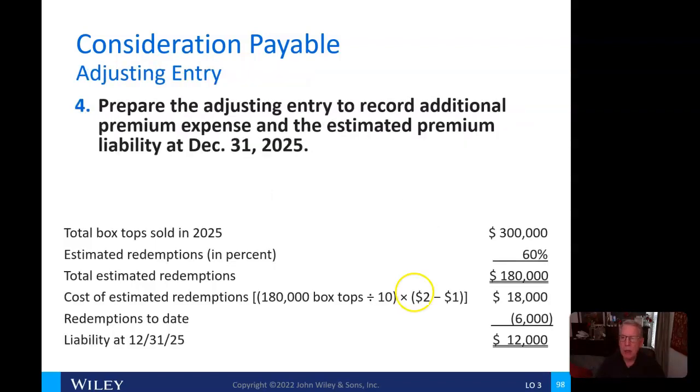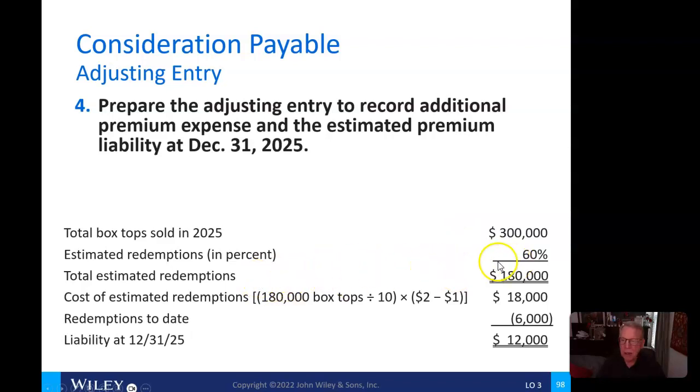Okay. And number 4, here we're going to prepare the adjusting entry to record additional premium expense and the estimated premium liabilities. So the total box tops sold were 300,000 box tops, $300,000.